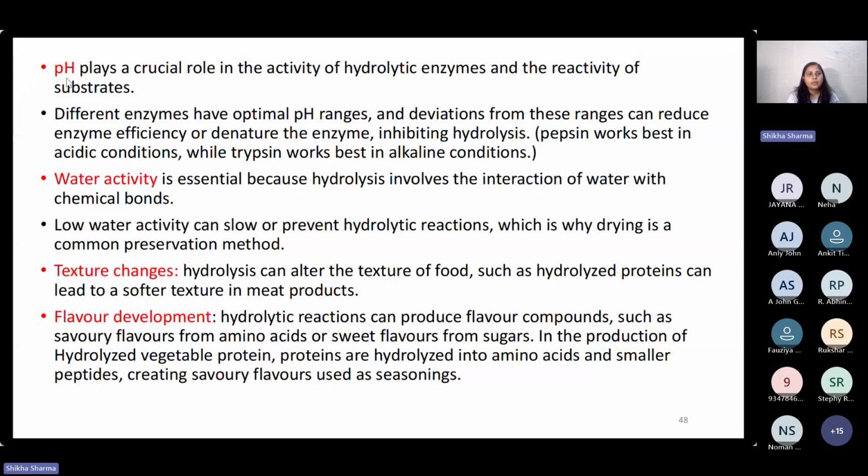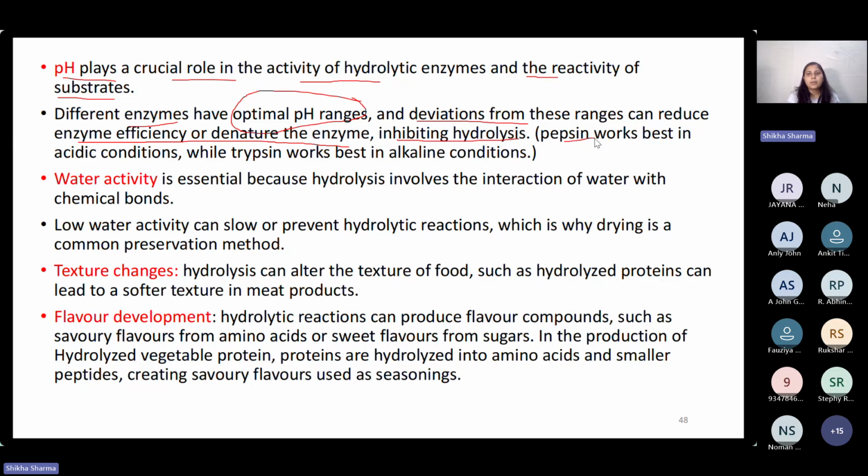For pH, it plays a crucial role in the activity of the hydrolytic enzymes and the reactivity of the substrates, because different enzymes have their optimal pH range, and if we deviate from this range, it can reduce the enzyme efficiency, or it may also denature the enzyme, which inhibits the hydrolysis process.